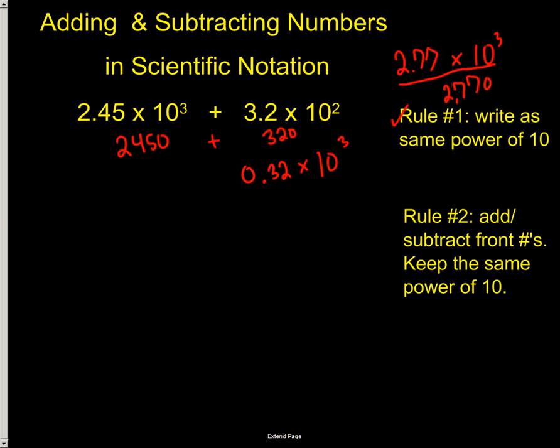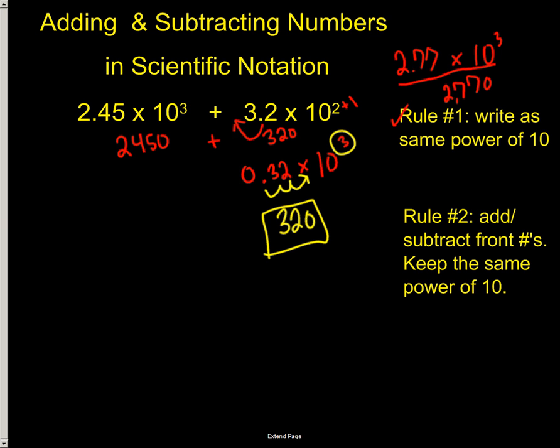When I raise this up by 1 and then slide the decimal back 1 spot, I get 0.32 times 10 to the third. What does this represent? Well, we would need to move the decimal over 3 spots. 1, 2, 3. So it still equals 320.